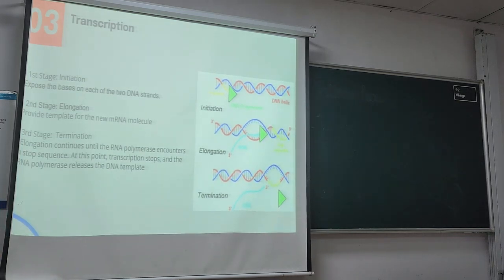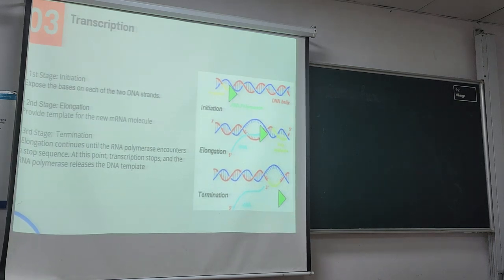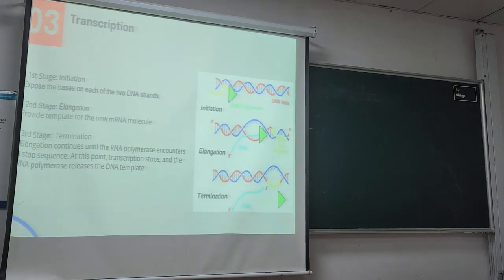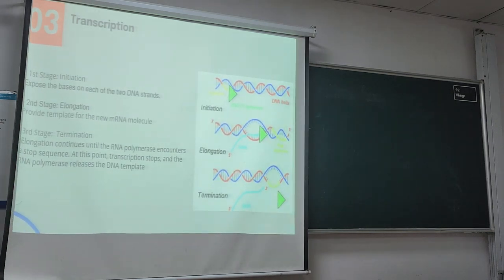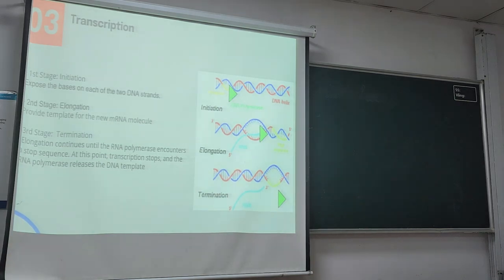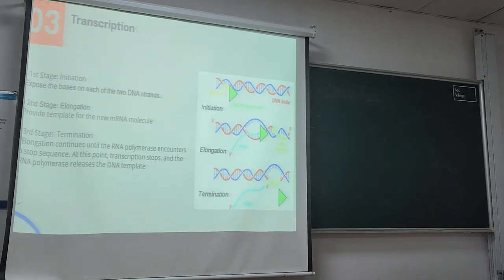And the last one is termination, which is when the elongation continues until the RNA polymerase, which is an enzyme, encounters a stop sequence. Then at that point, transcription will stop, and the RNA polymerase releases the DNA template.